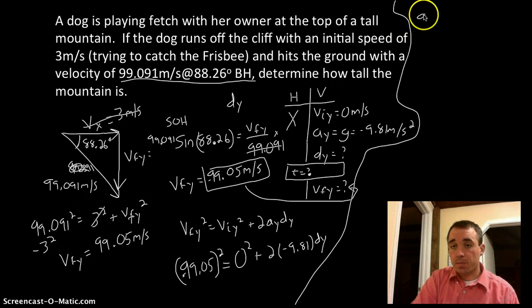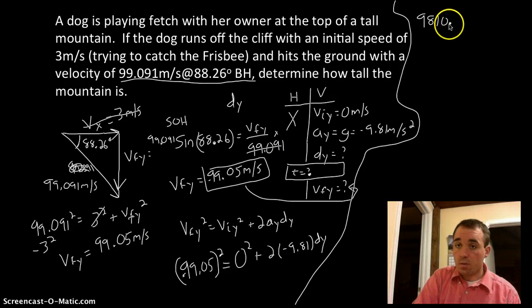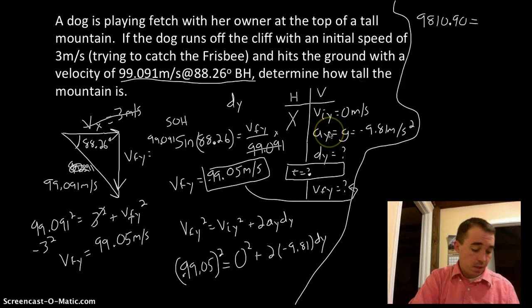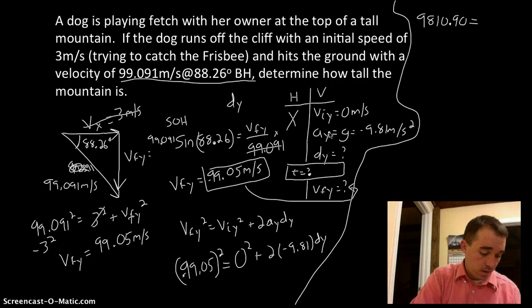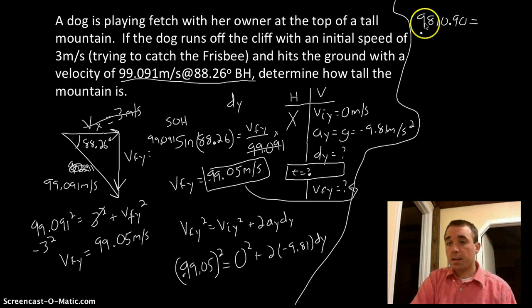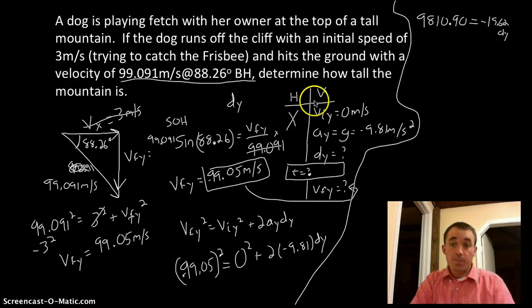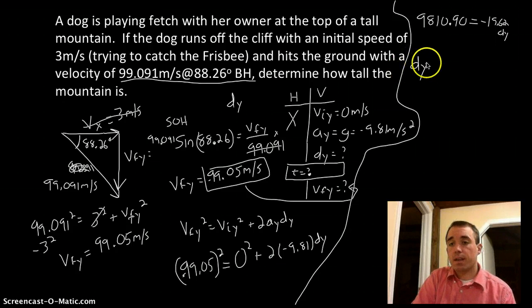9810.90. It's going to be a positive number. That equals 2 times negative 9.81, which gives me negative 19.62, times dy. Sorry that it gets a little cramped.